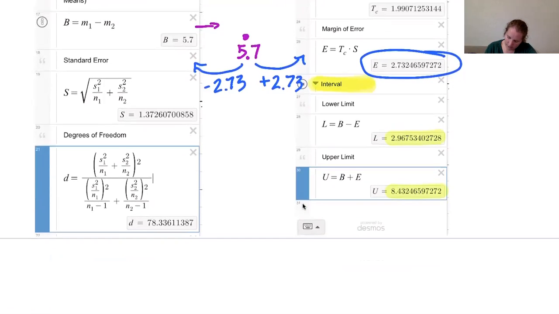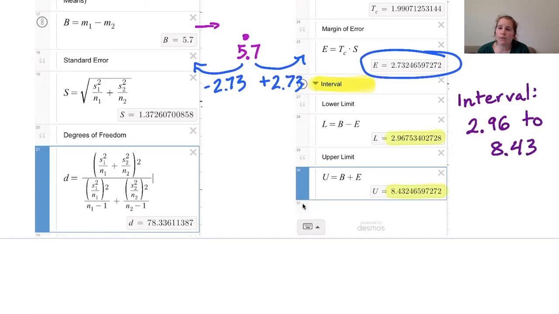We are looking at about 2.96 to say 8.43.